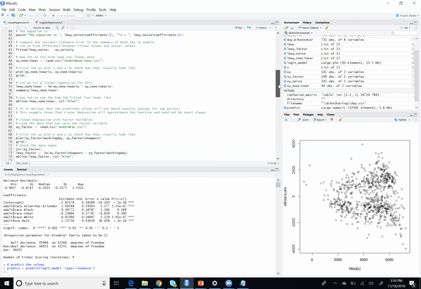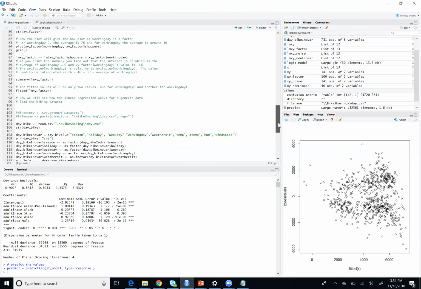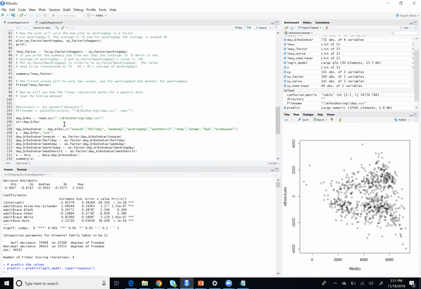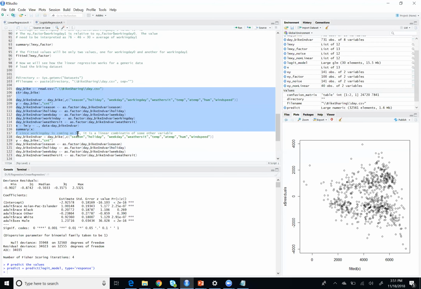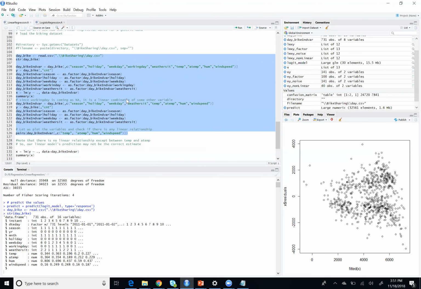So this is the case study with the biking data, which we will do. Before we get into that, I want to show you how this collinearity is determined. This is the biking data set, right? Let me just run up to here. One cool thing in R I showed last time is that you can run them from the middle of the code as well.